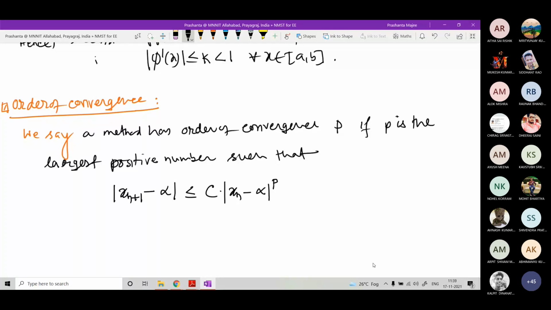So if the sequence obtained from an iterative method satisfies this particular relation, where p is the largest positive number, then that p is called the order of convergence of that method.